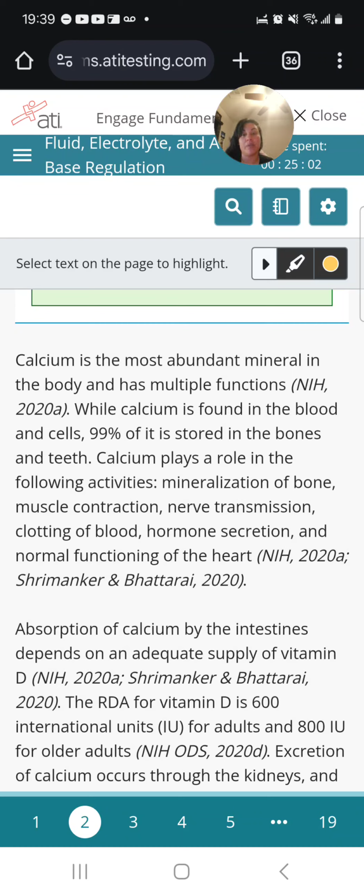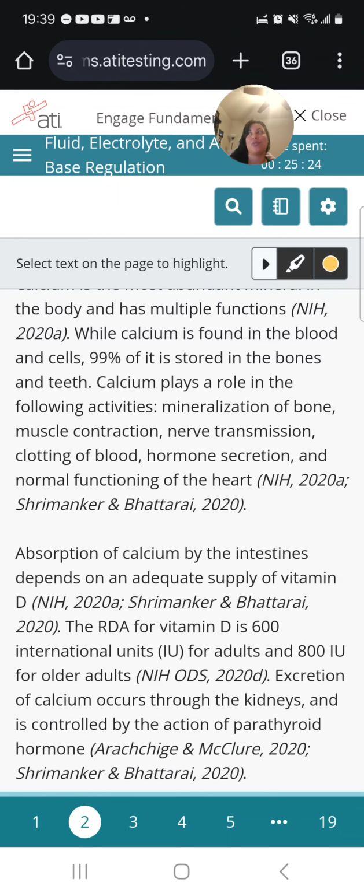Absorption of calcium by the intestines depends on an adequate supply of vitamin D. The RDA for vitamin D is 600 international units for adults and 800 international units for older adults.